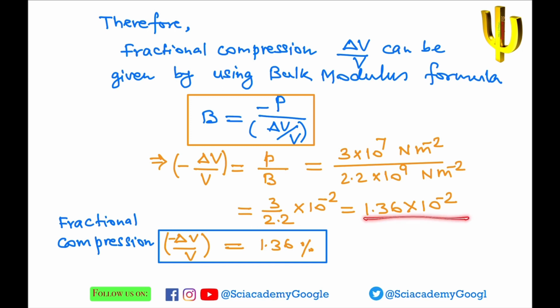It has no unit because it is the ratio of change in volume to the initial volume. So strain is a unitless, dimensionless quantity. Therefore, fractional compression in percentage is 1.36%. That means if there is a 3000 meter depth of water, at the bottom the compression is 1.36%.